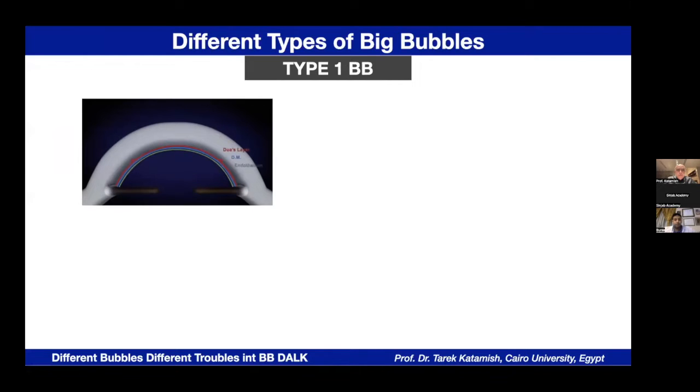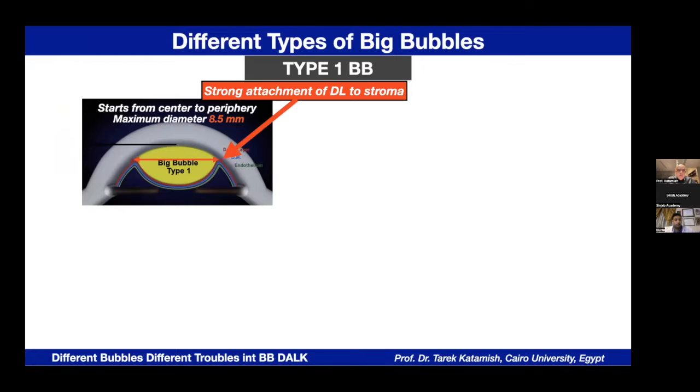As you see, it usually starts from center to periphery. And the maximum diameter of this big bubble is 8.5 millimeters because of the strong attachment of Dua's layer to the stroma at this point.